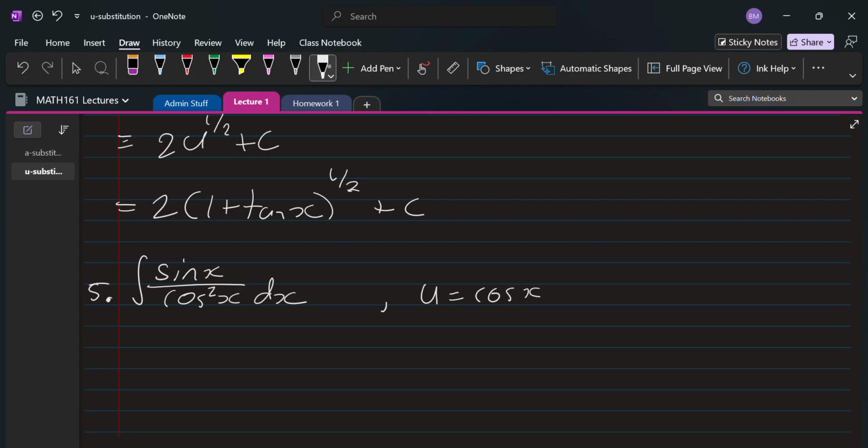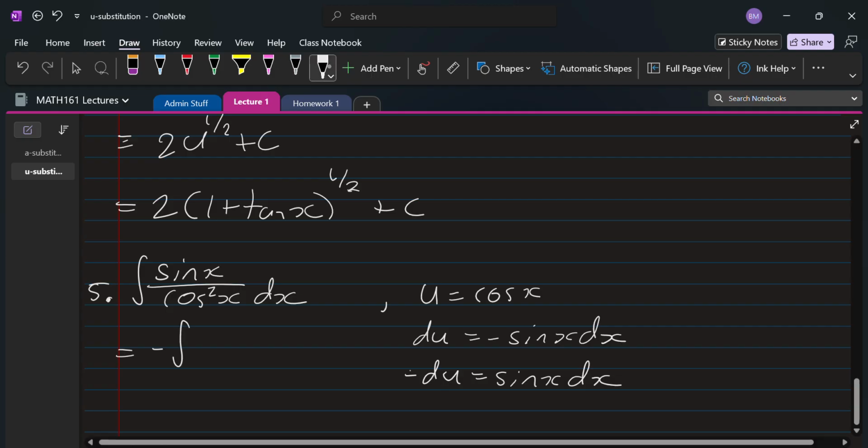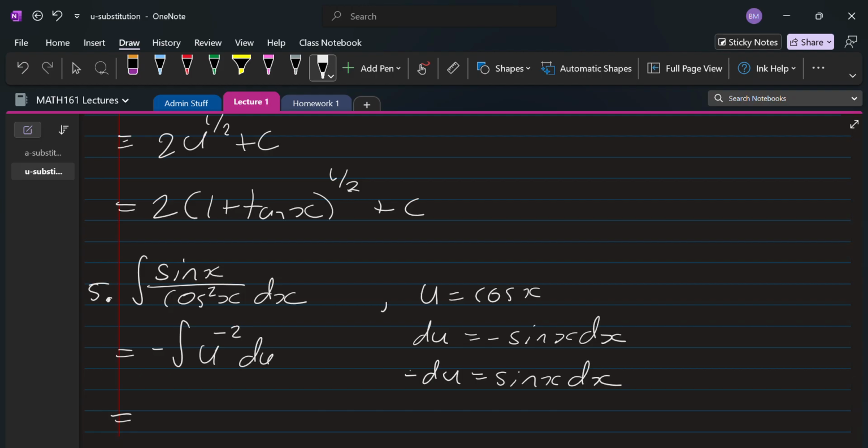So u is cos, du is minus sine. Take the minus over, and we get sine x dx, and that takes care of the top part. So this just becomes the integral of 1 over u squared. Everything else is du. You can take the minus out. That will be u to the minus 2 du. Add 1 to the exponent, that's minus 1.